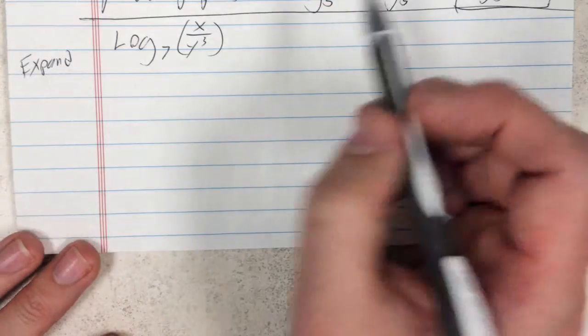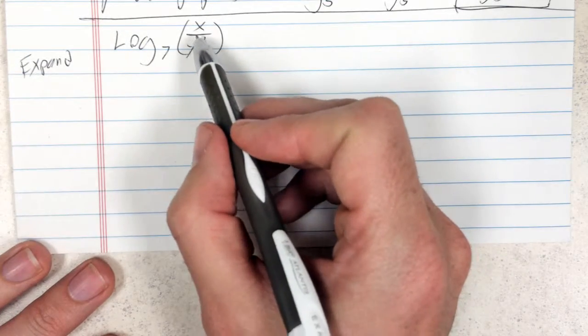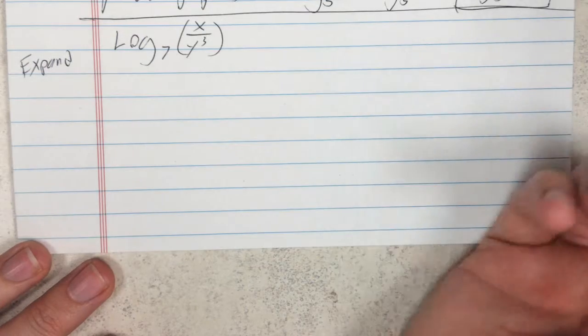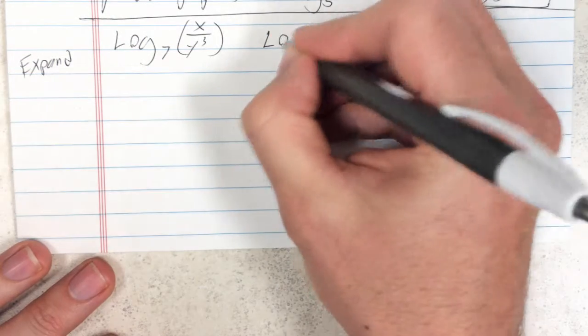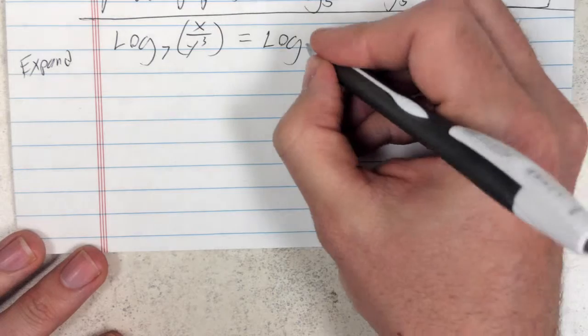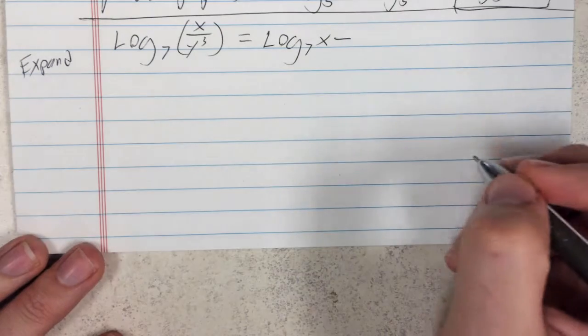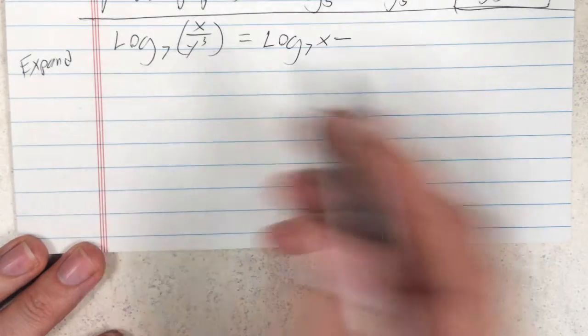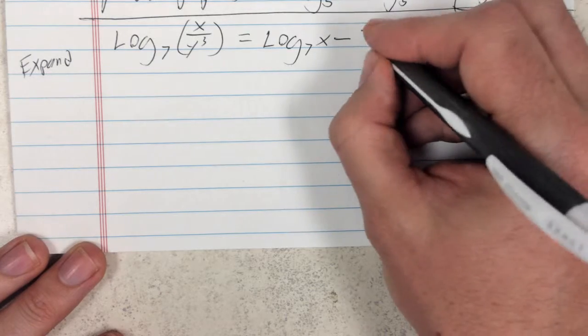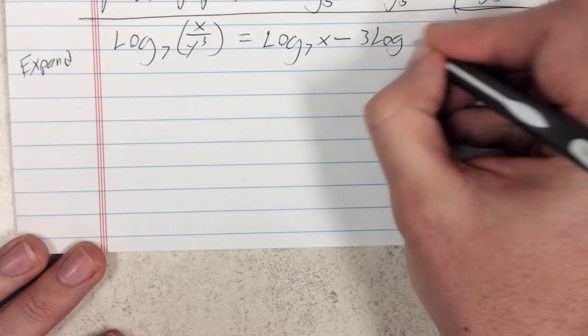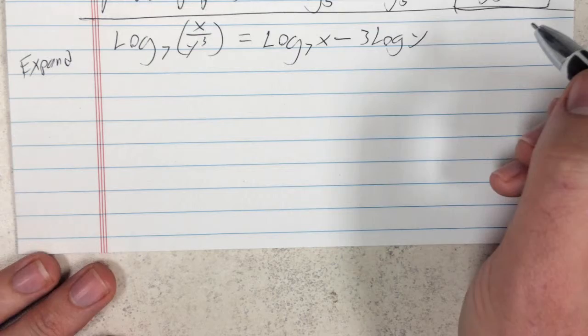All right, there's one division sign, so that's going to be two different log statements. It's going to be log base 7 of x minus, and this is y to the third, it's going to be 3 log y.